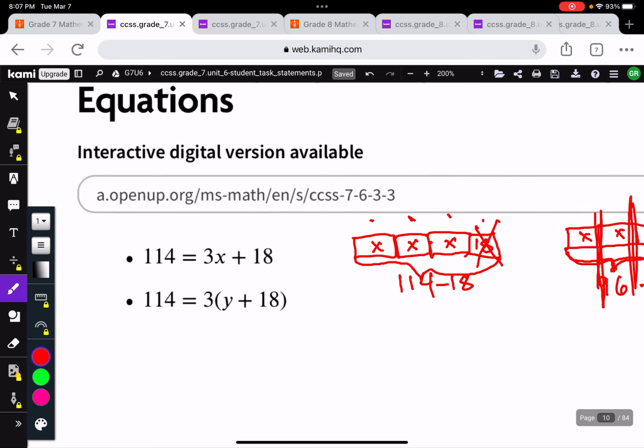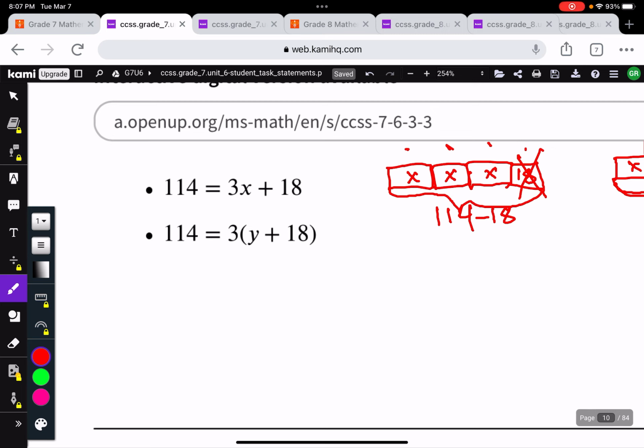Now this 114 equals 3 times y plus 18. Well, that means I've got 3 of those. I've got a y plus 18. I've got a y plus 18.